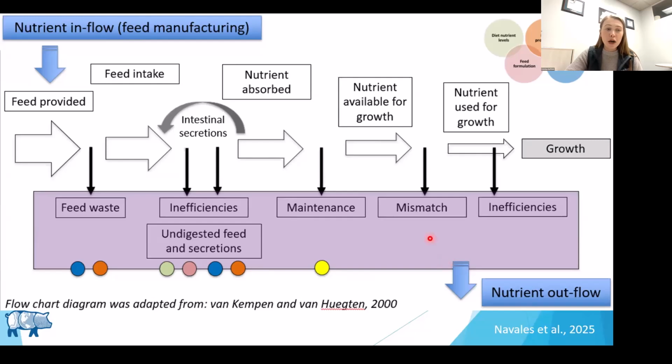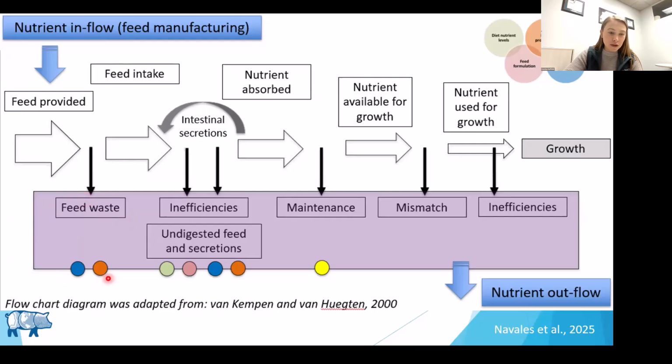And so, for example, just to walk you through how this diagram works, at this first stage, it's simply providing that feed to the pig, and then we're going to have the pig consume some of that feed, so that feed intake. But inherently, we're going to have some feed wastage as part of that process. And so that would be an area of inefficiency.